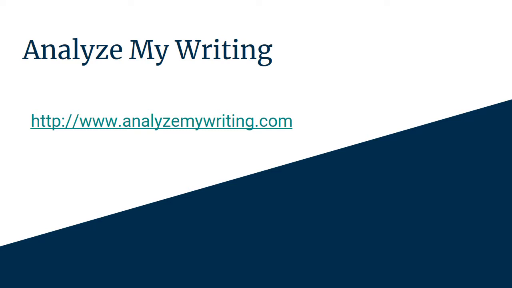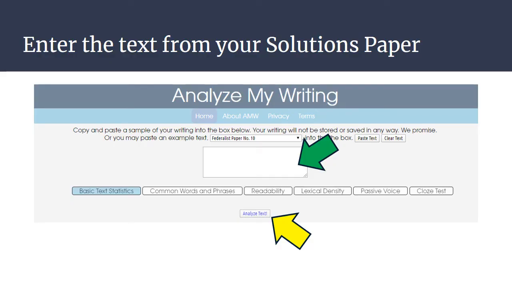Instead, I found this very user-friendly website, analyzemywriting.com, which you can click on the link that I'll put on Canvas, and you can look at many aspects of your writing very easily. And then you can use that data, that information, and even some of these charts and diagrams in your written self-analysis.